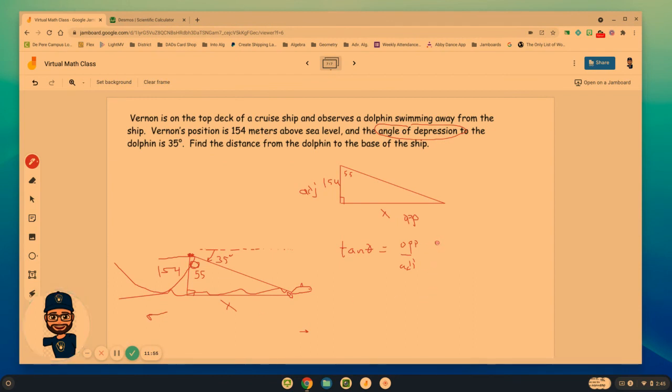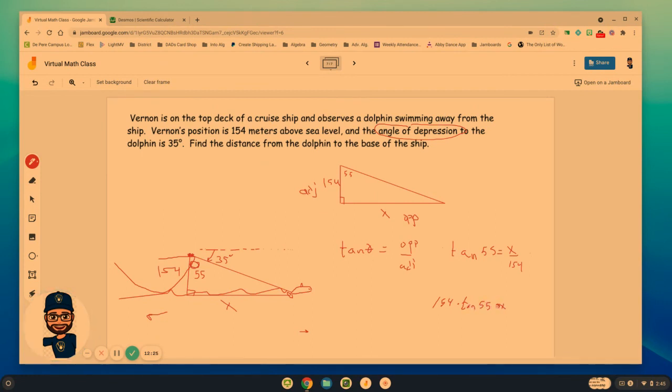Now we fill in what we know. The tangent of our angle measure, which is 55, equals the opposite side, which is x, over the adjacent side, which is 154. 154 is on the bottom. We multiply both sides by that number. Therefore, 154 times the tangent of 55 is equal to x.